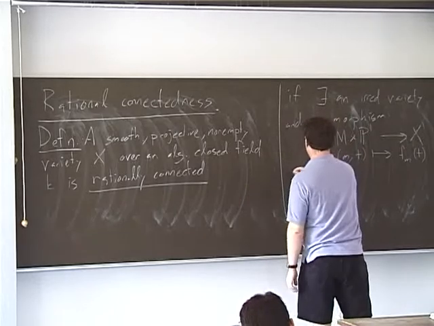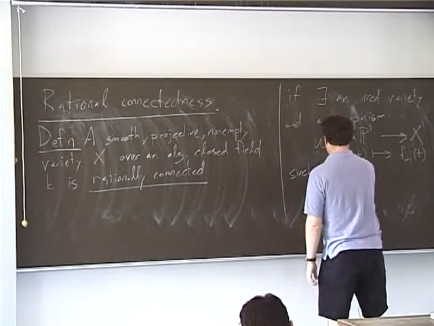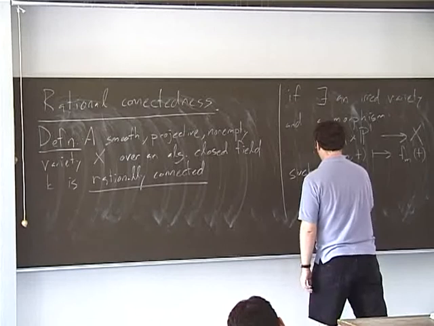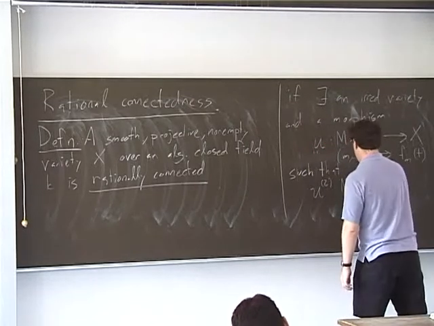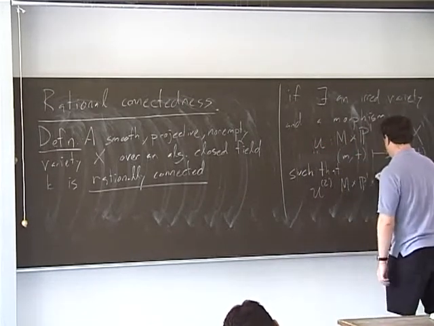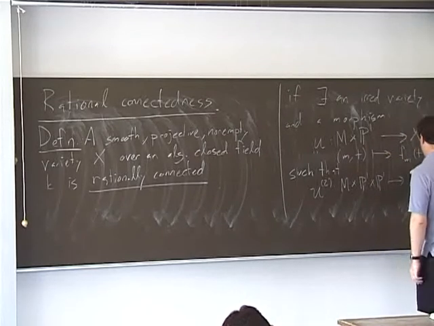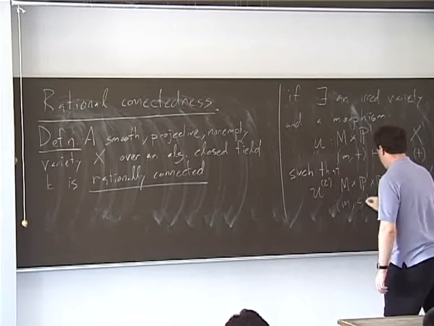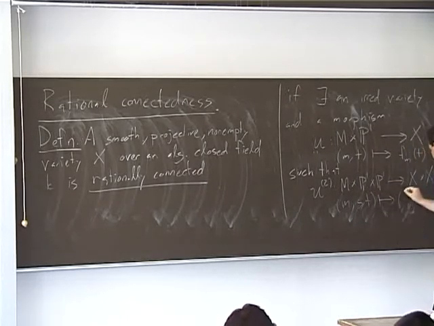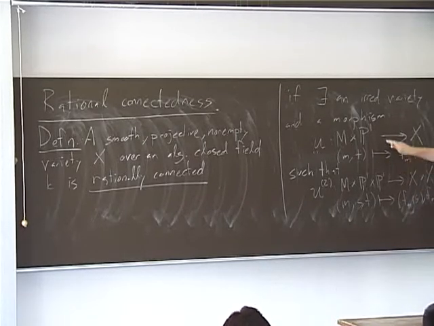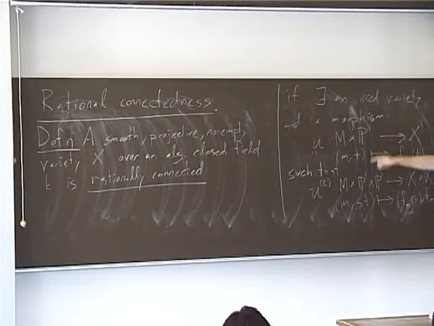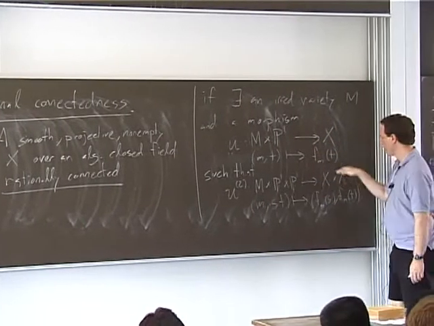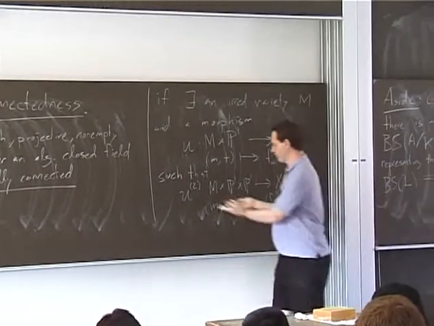So it's a morphism such that this induced morphism, which sends (m, s, t) to the pair (f_m(s), f_m(t)), is surjective. Again, m parameterizes a family of maps from P1 to X, and given one of those maps and a pair of points in P1, we get a pair of points in X, and that's all that this map is.